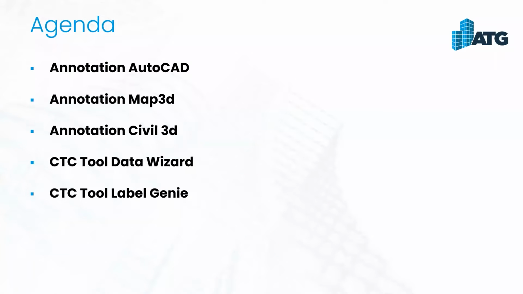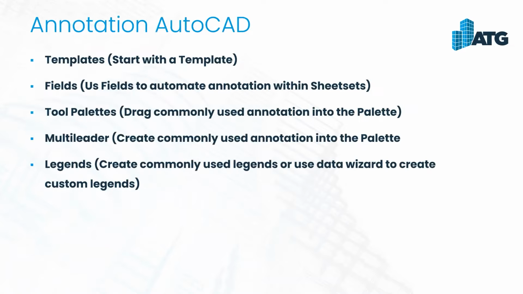We'll go into Map 3D using some attribute data to bring in GIS and automate it that way. We can go into Civil 3D and automate annotation with all the object data and label styles. And then today we're going to talk about the CTC tool Data Wizard, how we can automate making legends. And then we'll talk about how to automate a lot of these objects using the CTC tools Label Genie.